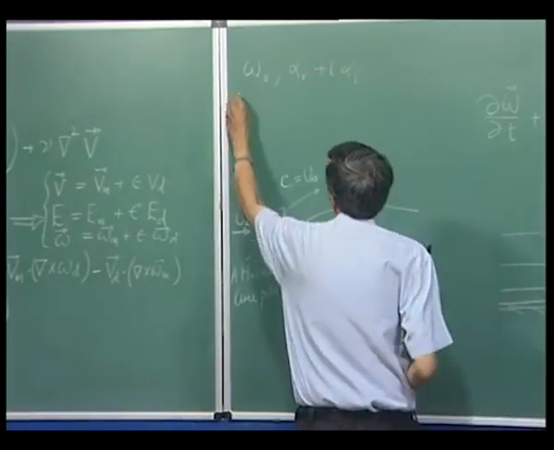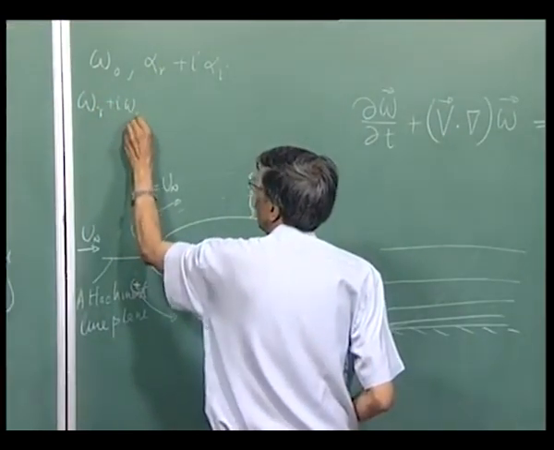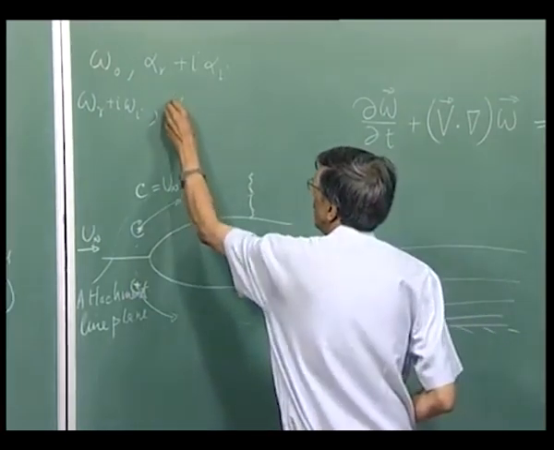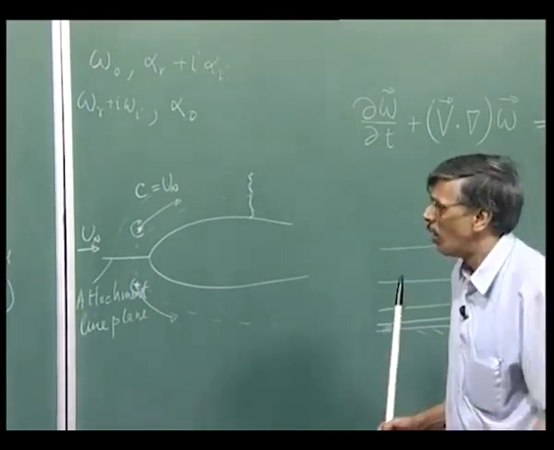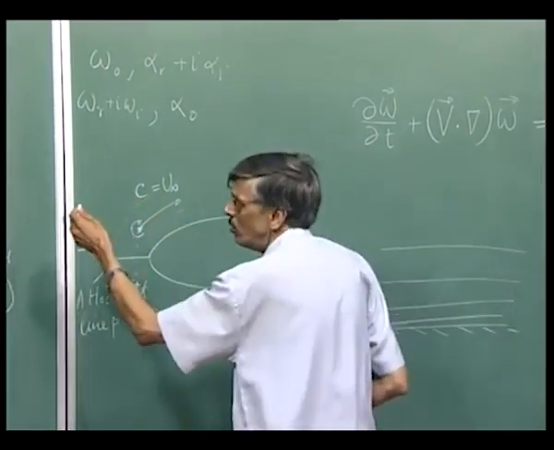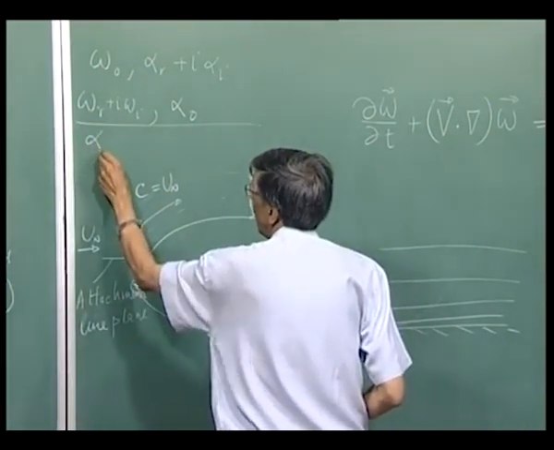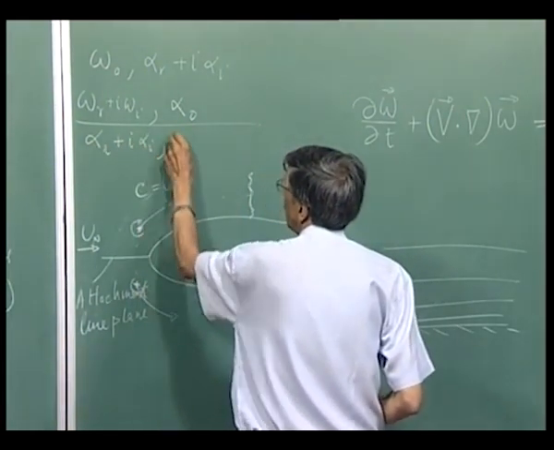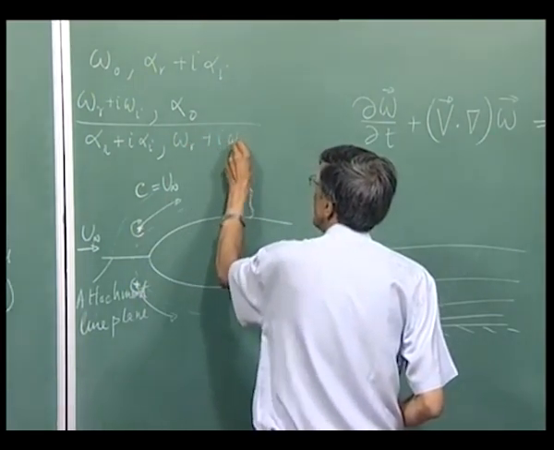And in temporal theory, you will take complex omega and real wave number. So what these people did was simply look at the complex wave number and complex frequency.